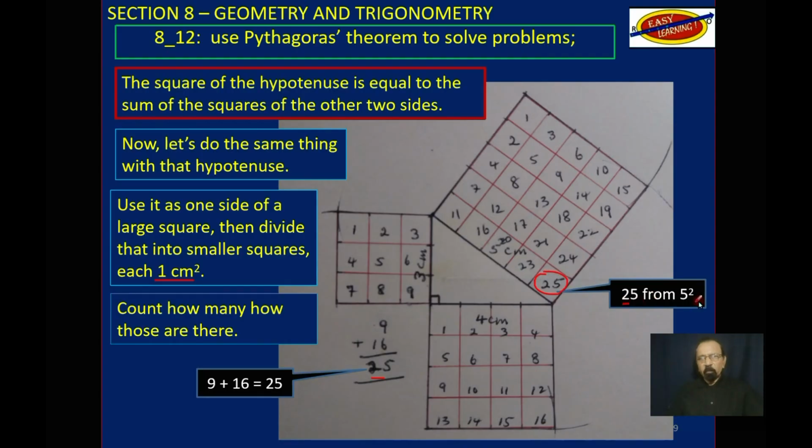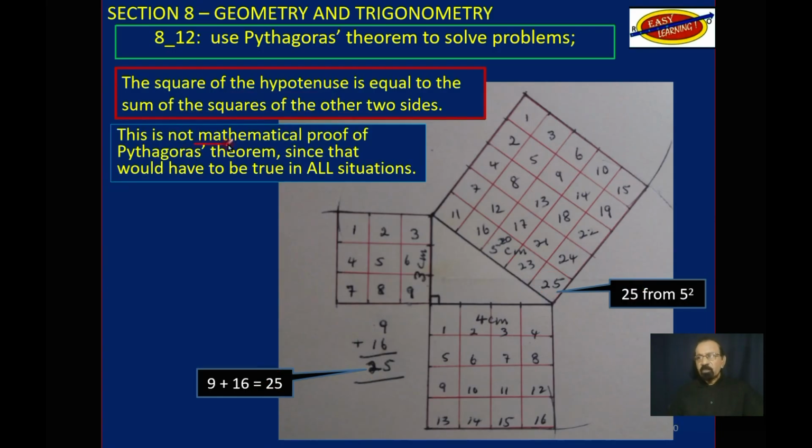Where did we get that from? 5 squared. So remember Pythagoras Theorem. The square of the hypotenuse, which is that, is equal to the sum of the square of the other two sides. And we have found out that the sum of the square of the other two sides is 25.